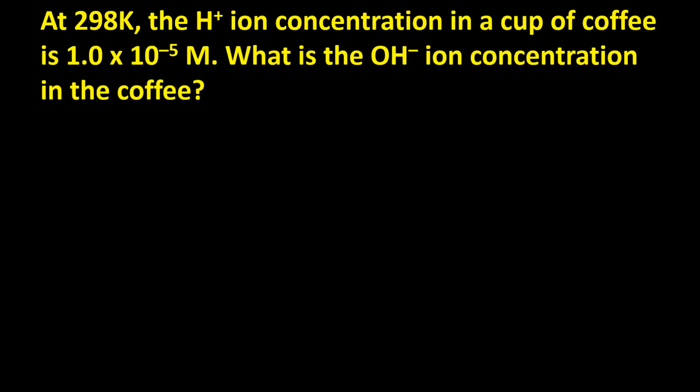At 298 Kelvin, which is room temperature, the H plus ion concentration in a cup of coffee is 1.0 times 10 to the negative 5th molar. What is the hydroxide ion concentration in the coffee? So what we're going to do is use our equation for Kw, but solve it for the hydroxide ion concentration, the number that we're interested in.